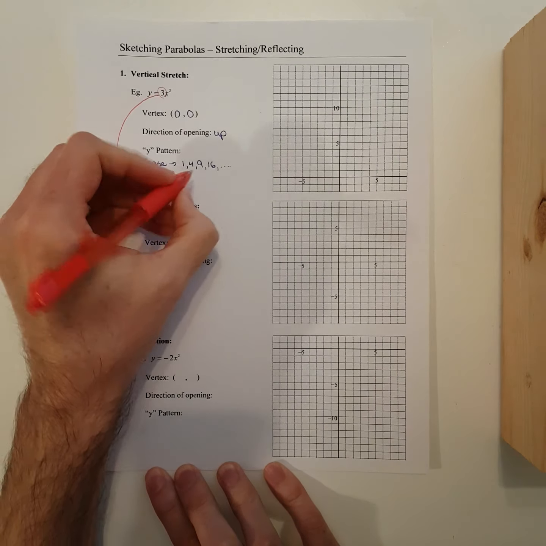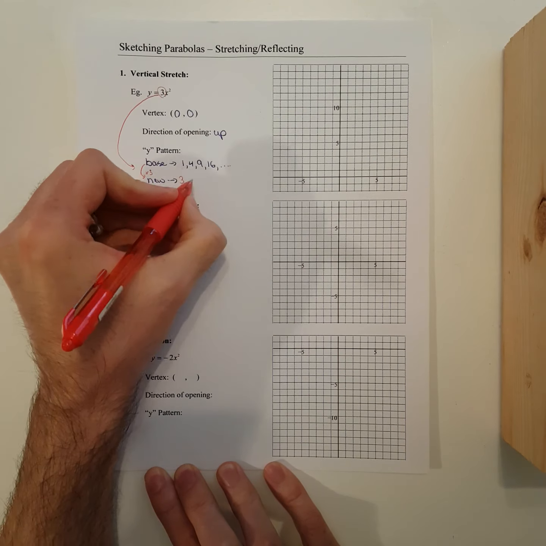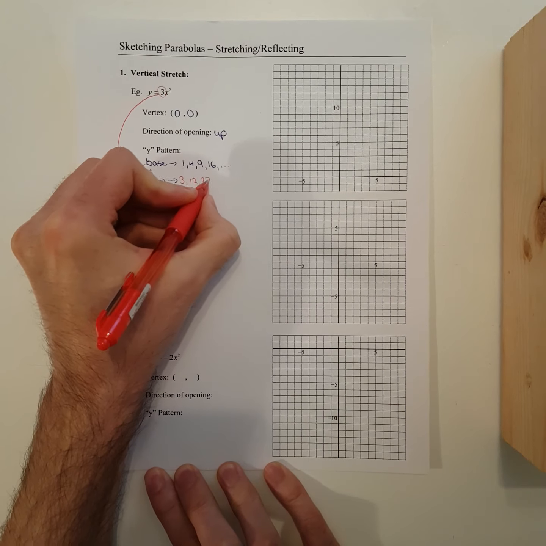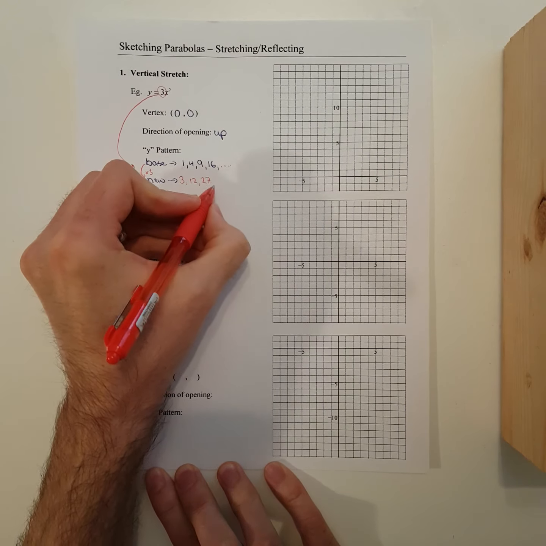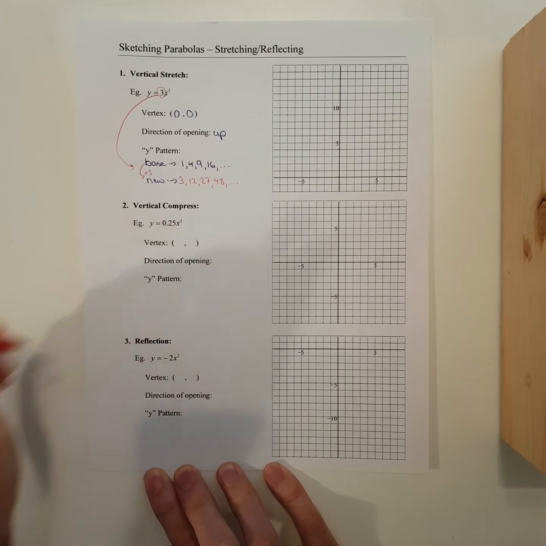So our new y pattern would now be 3 times 1, 3 times 4, 3 times 9, and 3 times 16, and so on and so on.